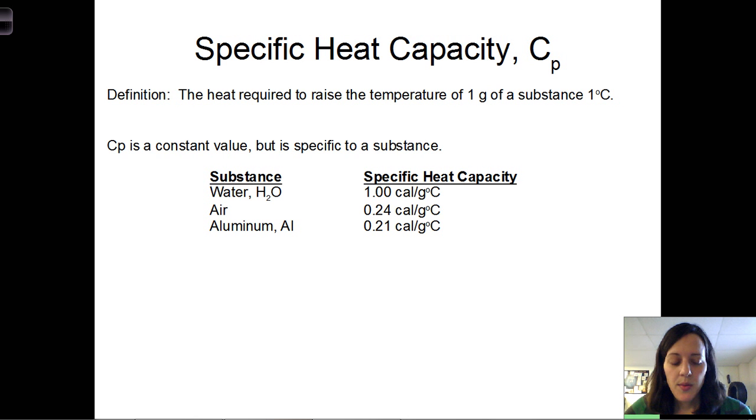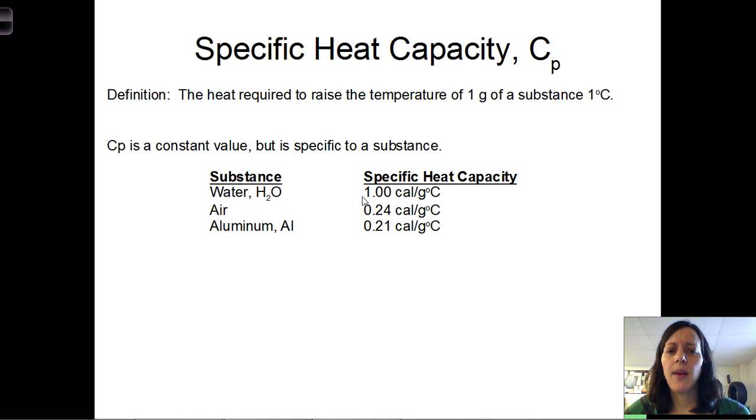The sun's been beating down on the pool. The concrete that surrounds the pool is really, really hot, yet the pool water is not, even though the sun has been shining equally all day on both substances. And the reason has to do with the atomic makeup of water versus cement, or even the air, which is really hot, I suppose, on a summer day.